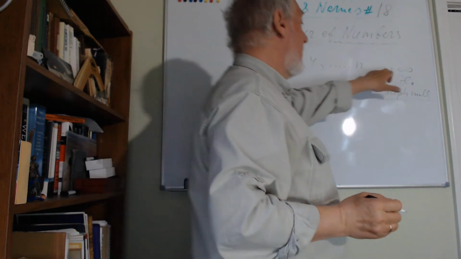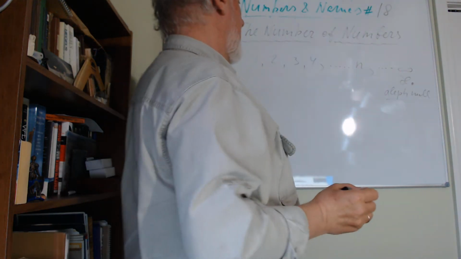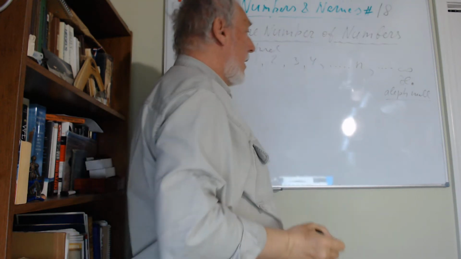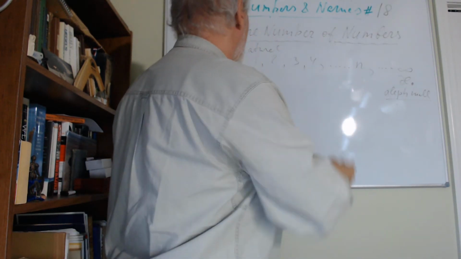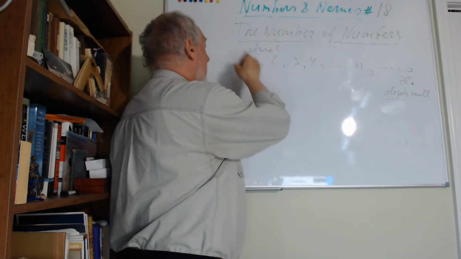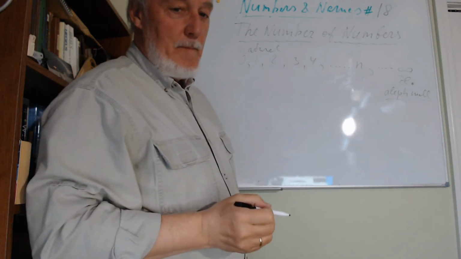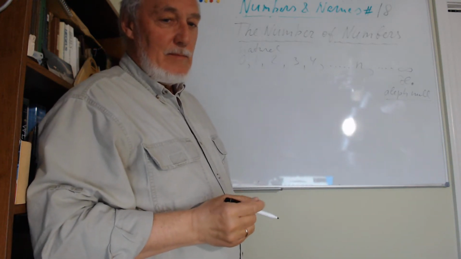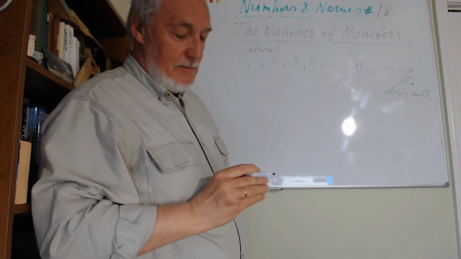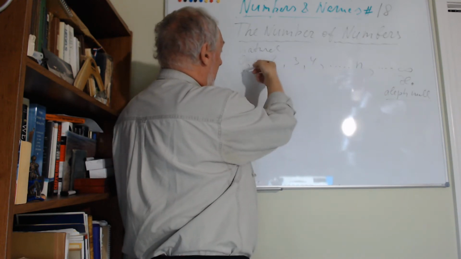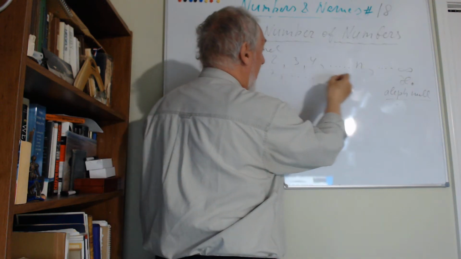So when we count natural numbers, it will be this. Now let's add 0 to the natural numbers. How many of them will be here? Still infinity. How do we count them? The first would be 0 now, the second 1, the third 2, and so on. Again, Aleph Null, the same thing.